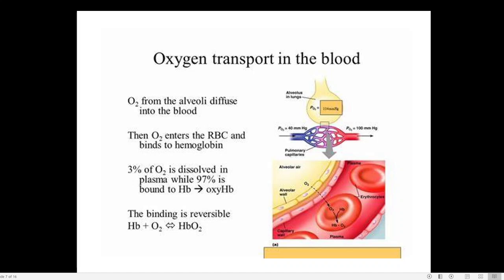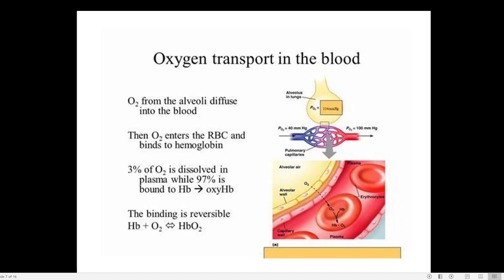Oxygen from here, you can see that this is the oxygen which is reaching the alveoli. From the alveoli, by means of diffusion, it is entering the blood vessel. Then when it is reaching the level of the blood vessel, it will be combined with hemoglobin, forming the oxyhemoglobin.